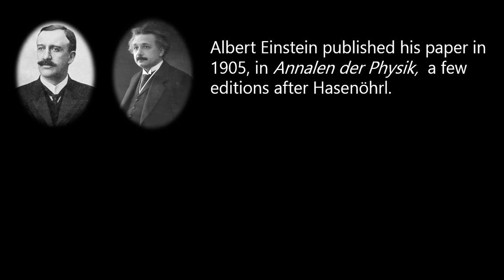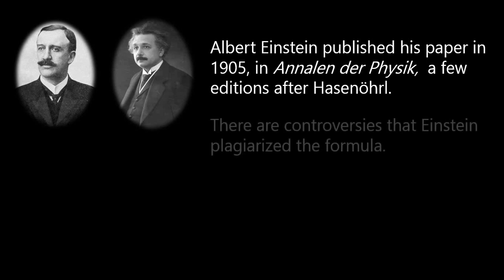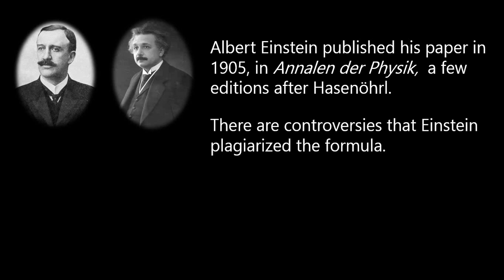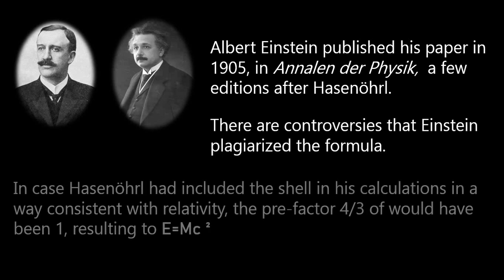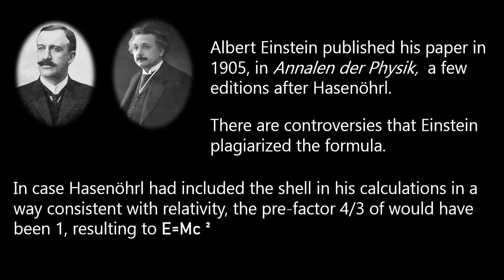As you can see, Albert Einstein published his paper in 1905 in Annalen der Physik, a few editions after Hasenöhrl. There are controversies that Einstein plagiarized this formula. In case Hasenöhrl had included the shell in his calculations, it would have been much more consistent, and the prefactor 4 by 3 would have been replaced by 1, which results in E equals m c squared.